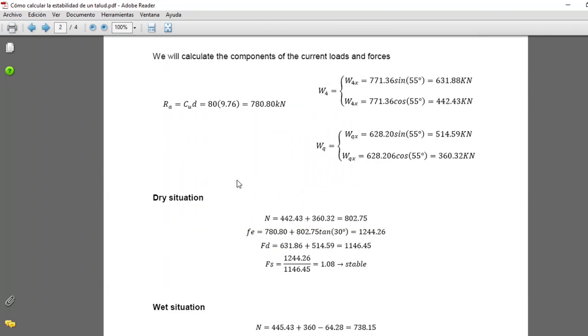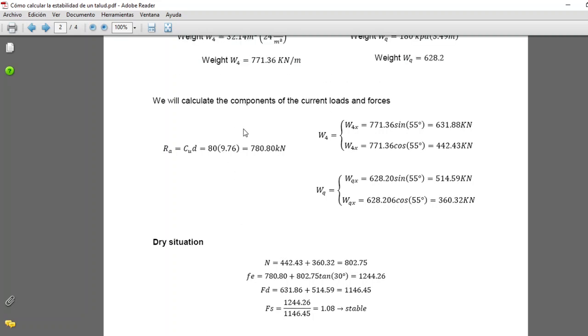We have 80 kPa by 9.76 meters, and we have a result of 780.80 kilonewtons.